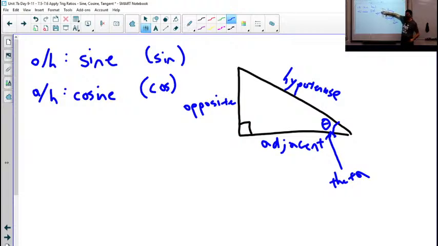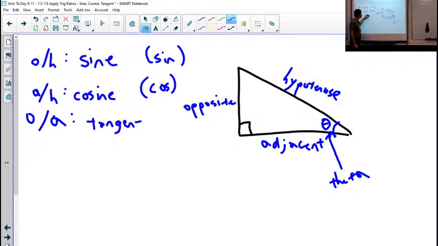Here's pair of sides number three that we could talk about, which is the opposite and the adjacent. And that's going to be called the tangent. And again, first three letters is what we're going to use to abbreviate. So you're going to see it abbreviated TAN.